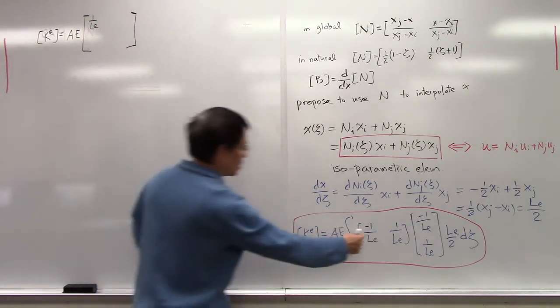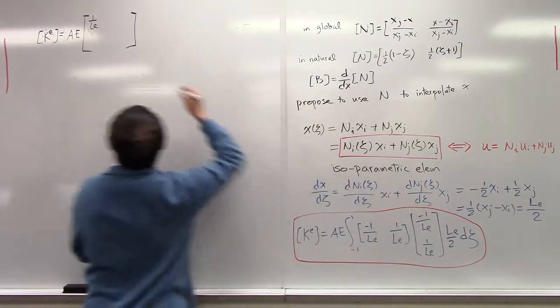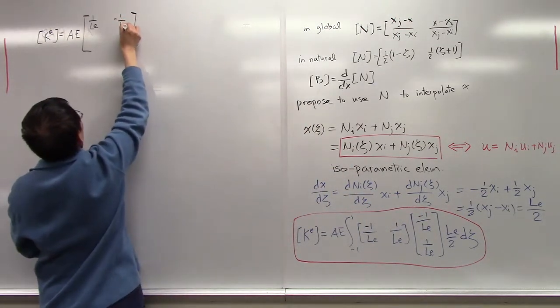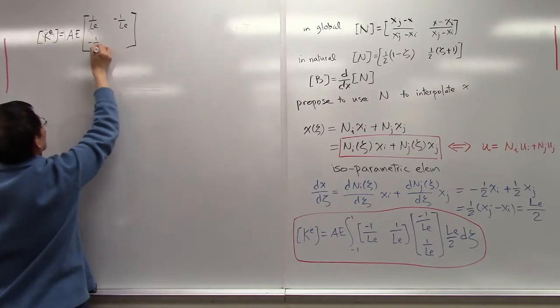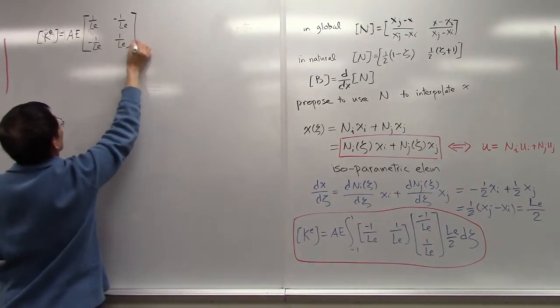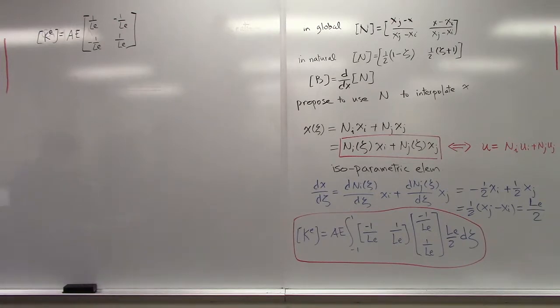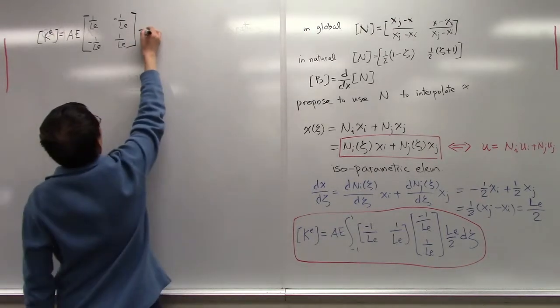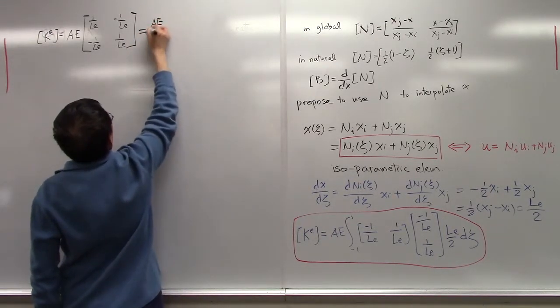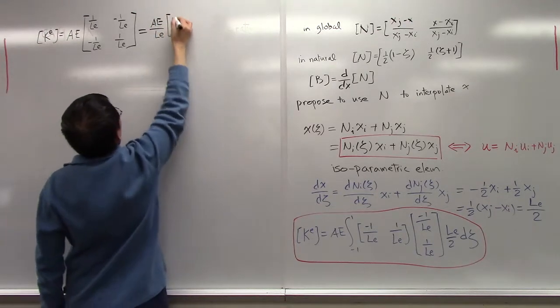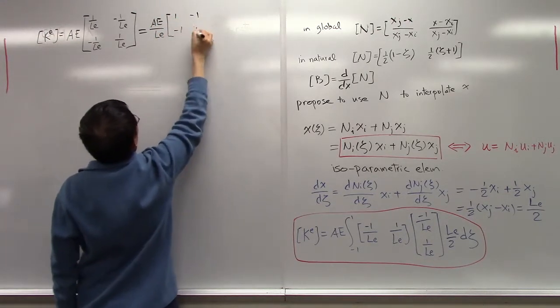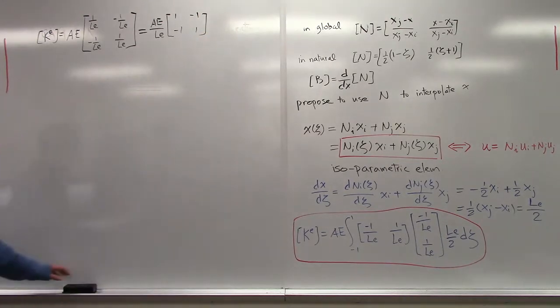And the second element is this times that, which is negative 1 over LE. All right, simple enough. We can also write it as AE over LE, times the matrix 1, -1, -1, 1. We have come across this expression multiple times before.